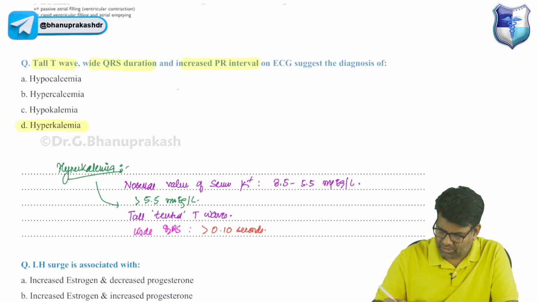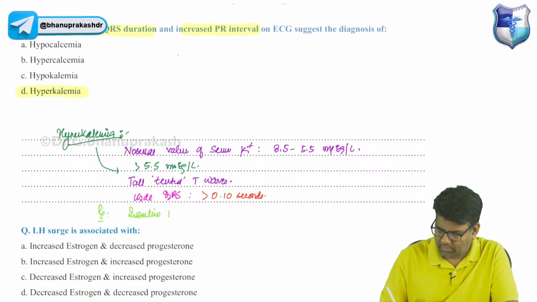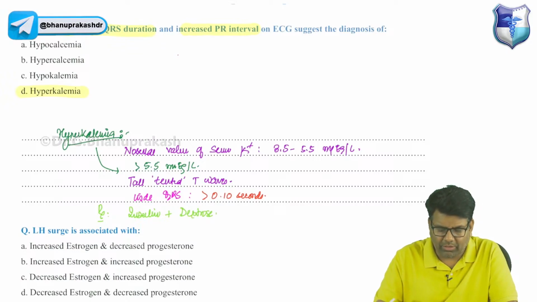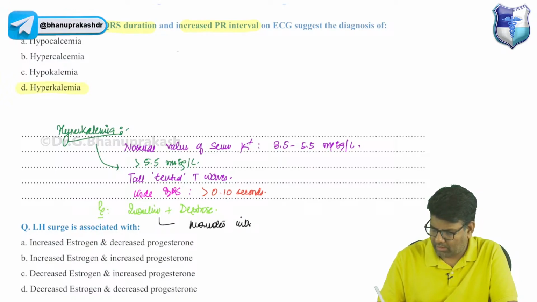And treatment wise, what can we give? We can give insulin plus dextrose. Why insulin? Yes, Pratisha, you are right. Why insulin? Because insulin promotes intracellular movement of potassium.